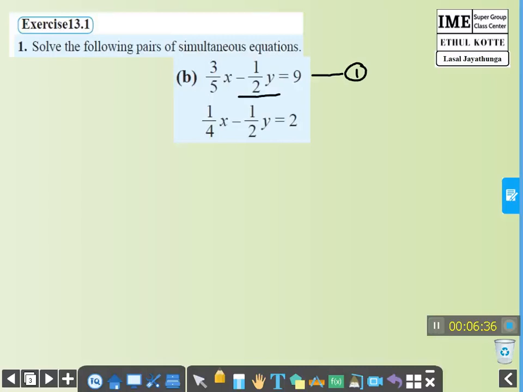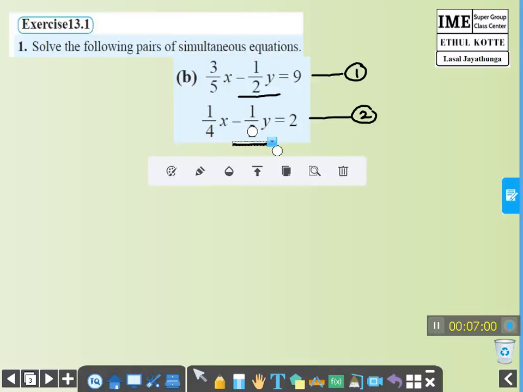For the second equation minus 1 upon 2y. Same thing. Signs also same. So how can you cancel them? By adding or subtracting. That's the thing you have to decide. Minus 1 upon 2y, minus 1 upon 2y. You can cancel by, yes, by subtracting. Right.